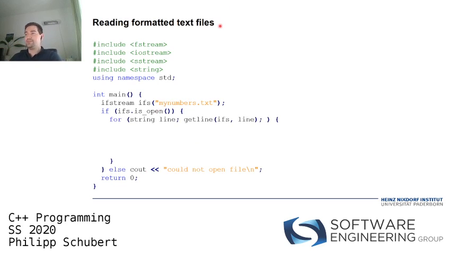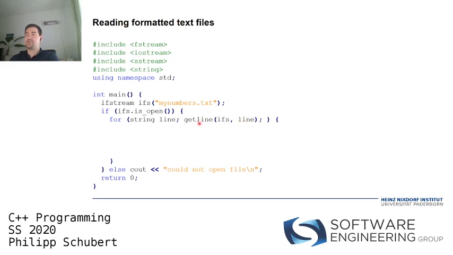Here we have getline, so we read the file line by line. Observe that rather than using a while loop, we can now use a for loop as well. And we can have our string line variable directly initialized here in the initial part of a for loop. We can then, as a condition, read lines. So we can try to read a new line from that input file stream, and write it into the string line.